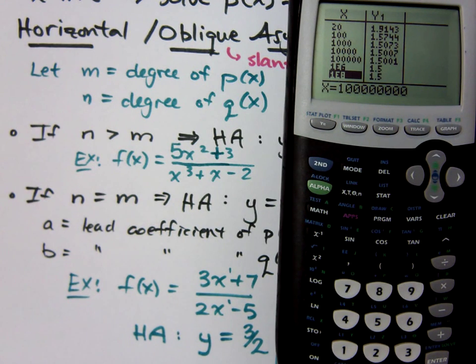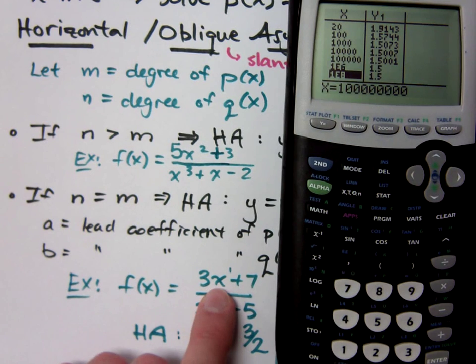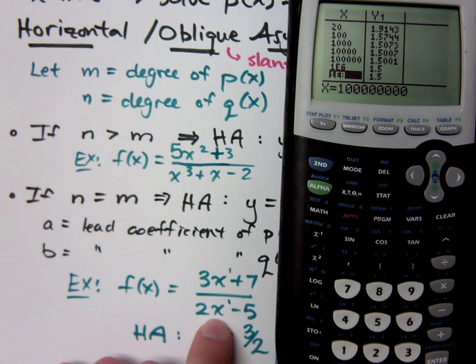Because what happens is, if I plug in 1 million here and 1 million here, does the plus 7 or minus 5 really matter that much? If I were talking about the ratio of how much money we earn, if I say I earn x plus 7 and you earn x minus 5, if x is 10, that's 17 to 5. That's a pretty big ratio, right?